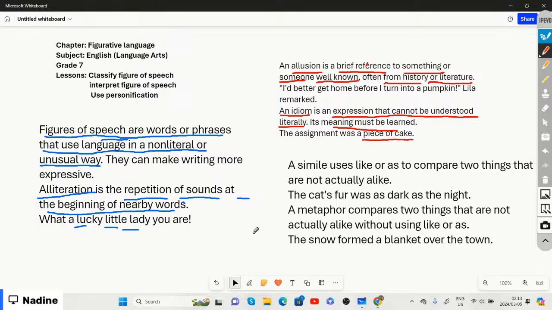And then we have a simile, right? A simile uses like or as to compare two things that are not actually alike.